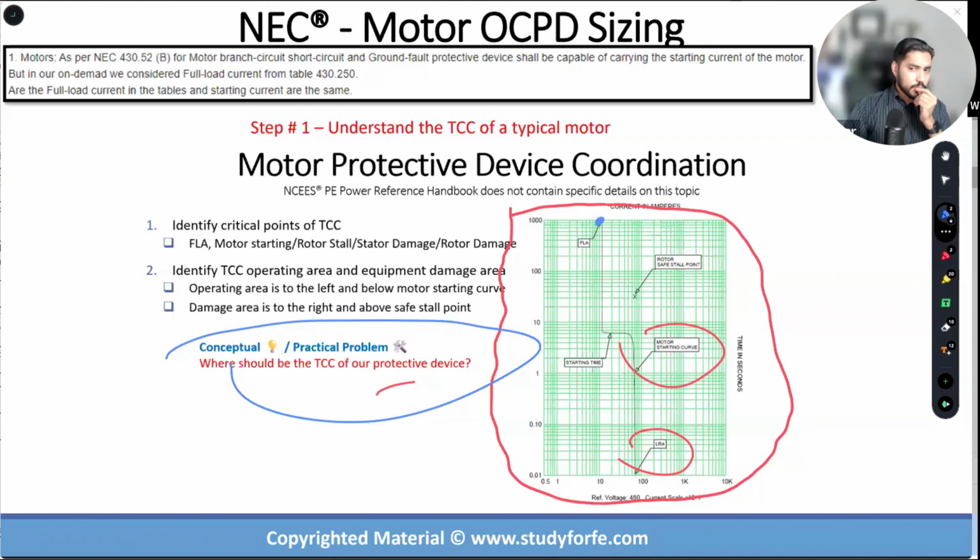This is the blue point, right? This is the motor FLA. To the right, somewhere over here, this is where it's going to kick in. Does that make sense? This is where your OCPD is going to kick in, whether you have a fuse, whether you have an LSIG, whatever dance that is doing, right? This is where it's going to kick in.